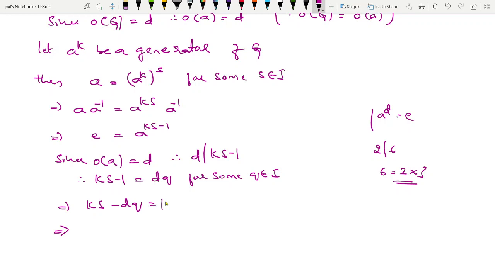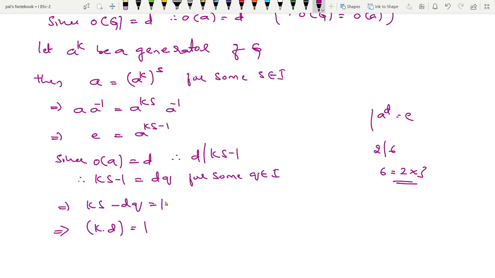ks minus dq is 1, which implies that k and d are relatively prime. Here s and q are integers, and k and d are the numbers.